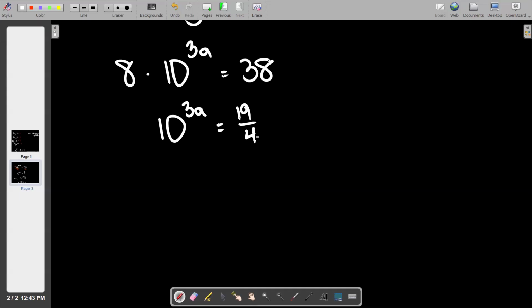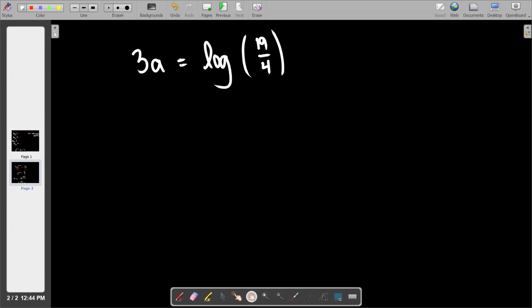What kind of log are we going to use? Common log, base 10. Well done. So I'm going to bring the 3a down in front of what would have been the log base 10 of 10. And then the right side is going to be common log of 19 fourths. So what's our final answer? Nice.